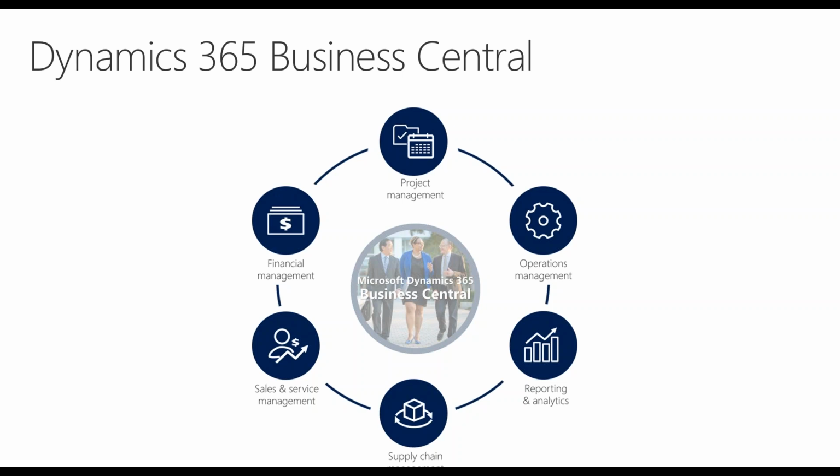Operations management, so we have the ability to have a look across the product from a manufacturing perspective. Reporting and analytics, so the reporting side that you've seen a little bit of already. Supply chain management, so that's warehousing and order taking, etc. And then sales and service management as well. So that's all built within the system. It's not external applications. It's all one system that handles that.